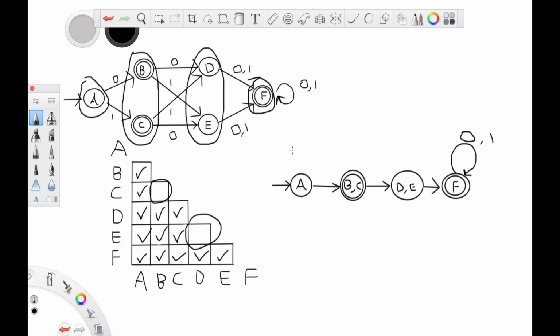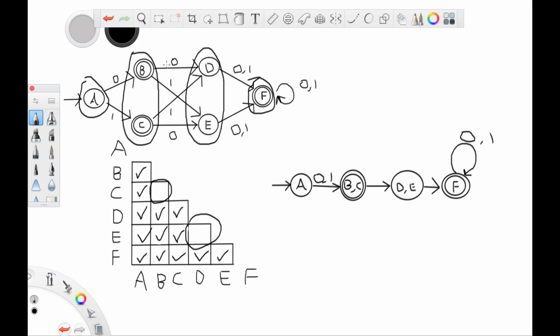A, well, if A got a 0, what did it lead to? It led to B, didn't it? So 0 is going to lead to BC. And if A got a 1, it led to C. So 1 is going to lead to BC, once again.